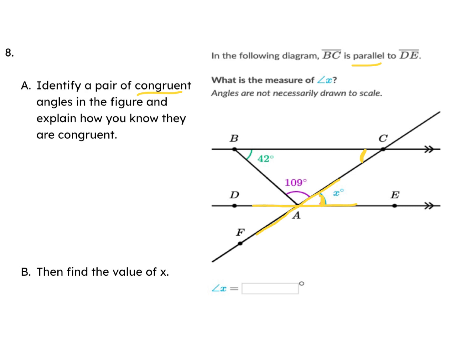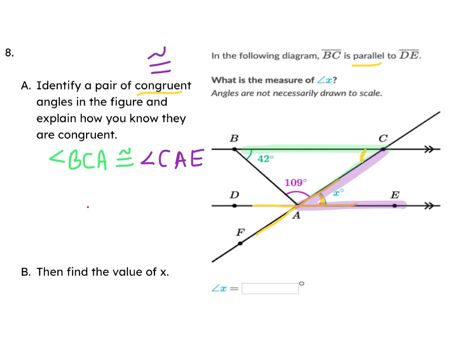When you name an angle, you give 3 letters. So let me highlight the angle I'm looking at. BCA. I'm going to say that angle is congruent to, let me change the color here, CAE. Those two are congruent. Okay, so I named them, and this equal sign with a squiggle means congruent.